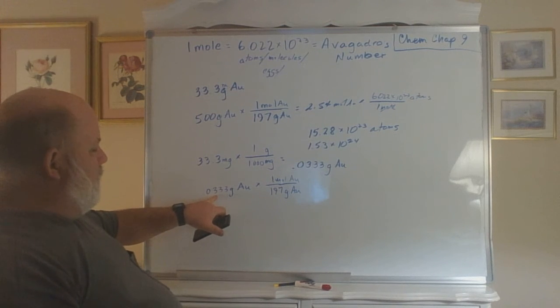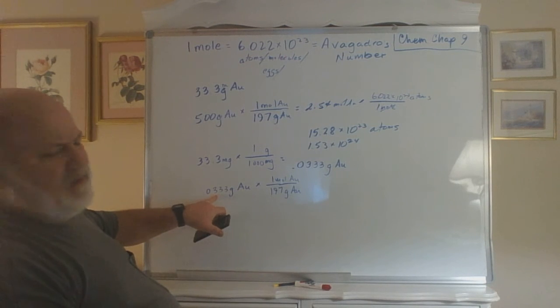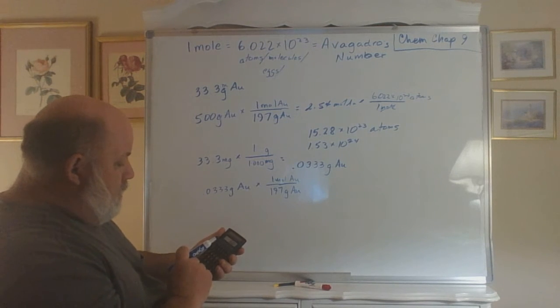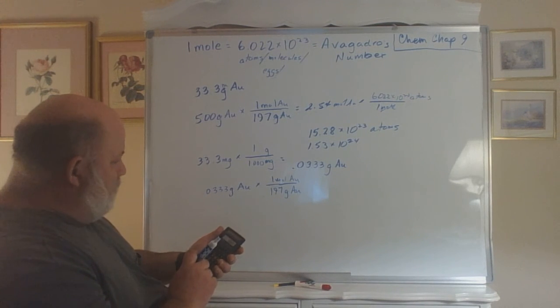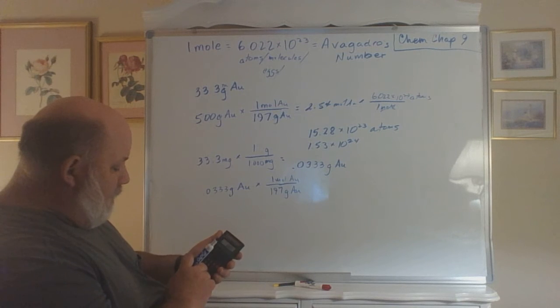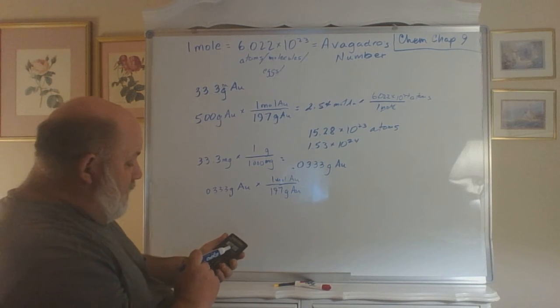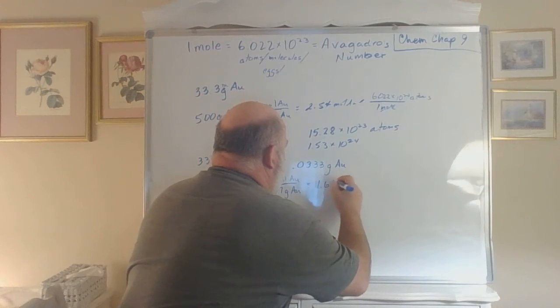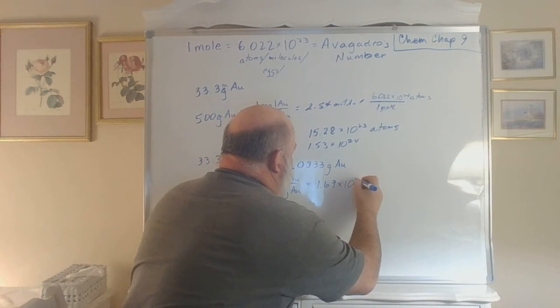This is 3/100ths of a gram, and we're dividing by 197. Divided by 197 equals, yeah, there we go. And I get 1.69 times 10 to the negative 4.